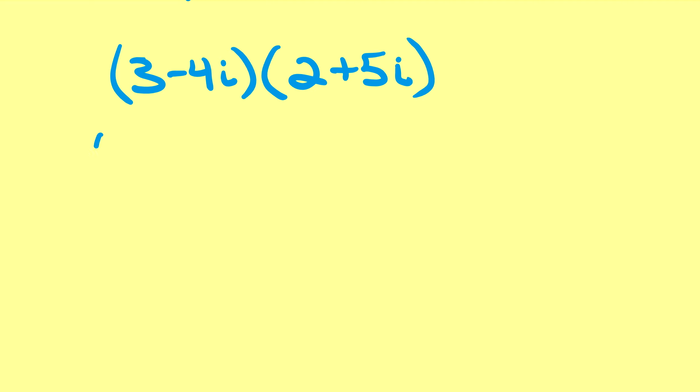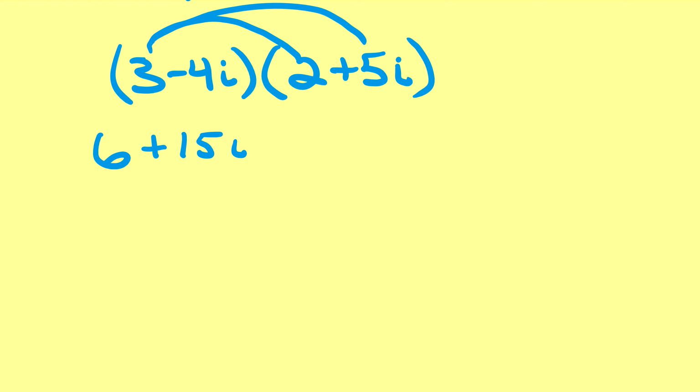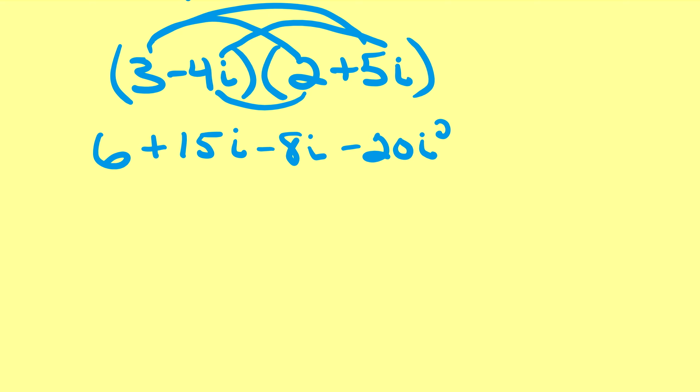So this is going to give me 3 times 2 is 6. Here's first. Outside is 3 times 5i, which is positive 15i. Inside is negative 8i. And last is going to be negative 4i times 5i is negative 20i squared.